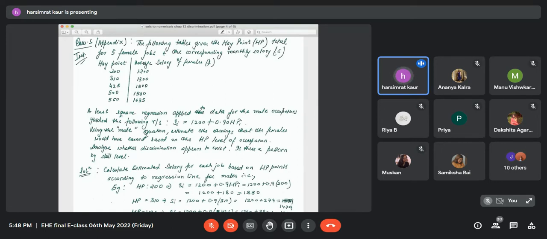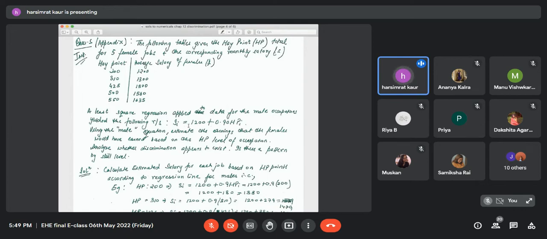And what is their regression equation, guys? S is the salary of your male counterpart, which is equivalent to a constant 1200 plus 0.90 times the point, that is the points 200, 310, 425, and so forth.